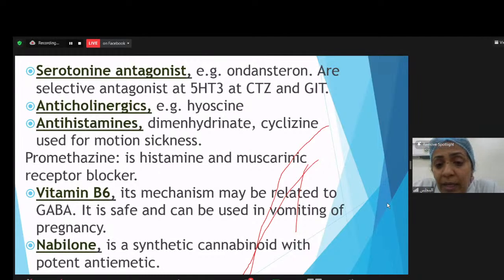Keep in mind that sometimes we have drugs that act on opioid receptors, but these drugs stimulate the vomiting center, like morphine and pethidine. All these drugs can cause vomiting, and cannabinoid is one of the very potent antiemetic agents.